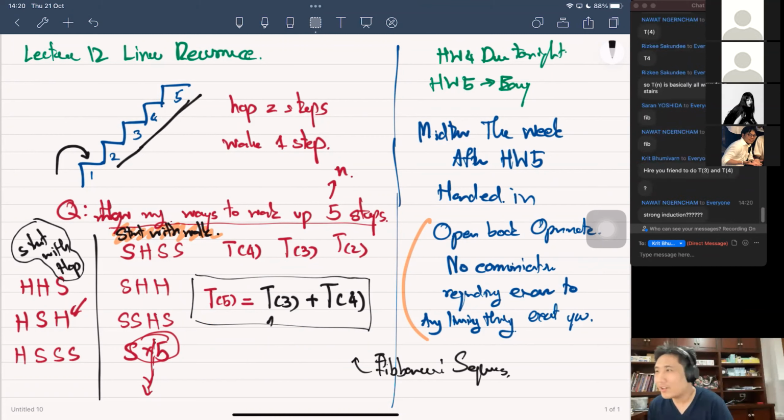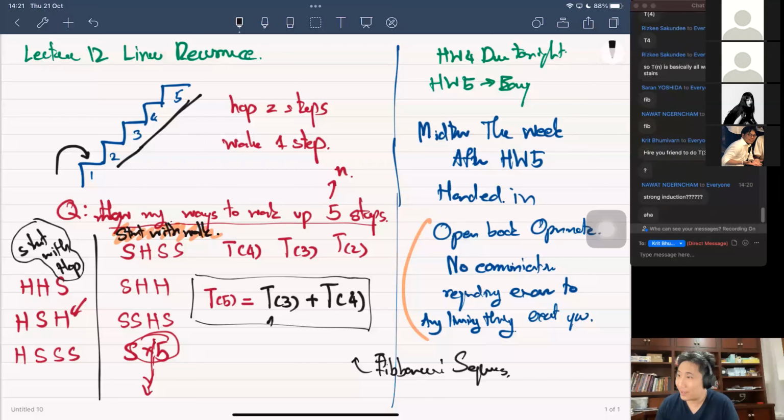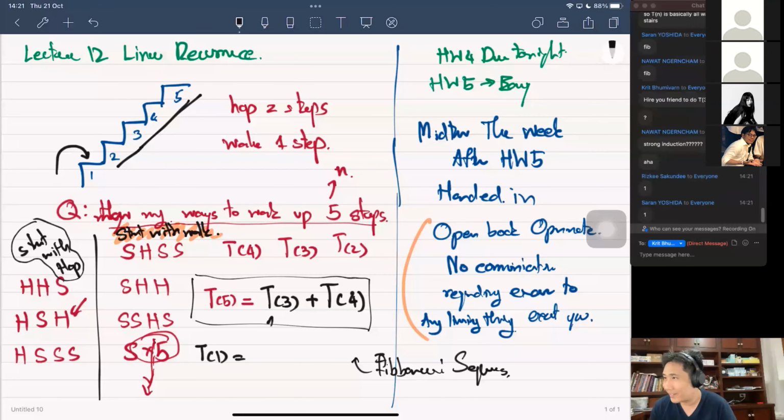Remember when you do Fibonacci, you need something else as well. For example, if I asked you to find T5 as a number, you can't. You really can't. But you know that if you have friend number 3 and friend number 4, you can. So what you need is the base cases. Let's do the easy ones, like T1 and T2. T1 is how many ways to walk up one stair? 1.